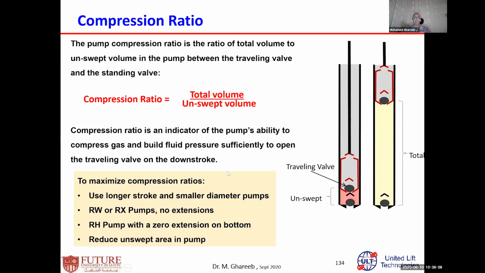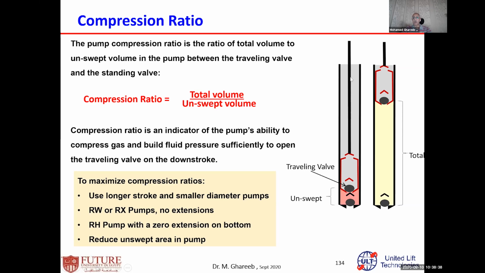There is another technique. I need to consider one very important point while I design my pump, what we call the compression ratio. The compression ratio is the ratio of the total volume to the unswept volume between the traveling and standing valve. This is the total volume from here to here when I open it on the upstroke, in this cylinder.